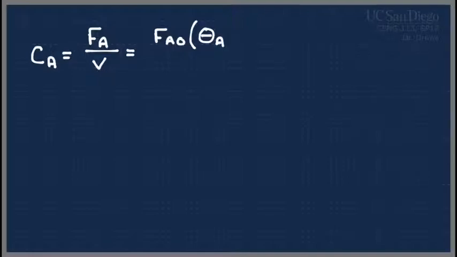So this would look like theta A minus the stoichiometric coefficient of I over the stoichiometric coefficient of A times XA. So that numerator in there will end up looking like 1 minus XA. I just wanted to remind you of where that is coming from.